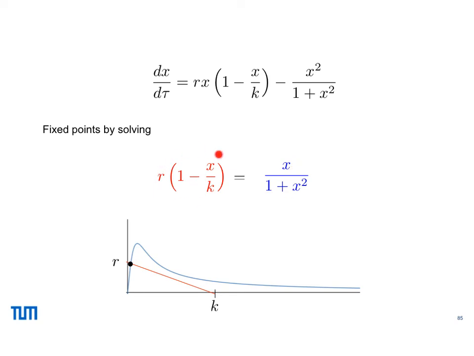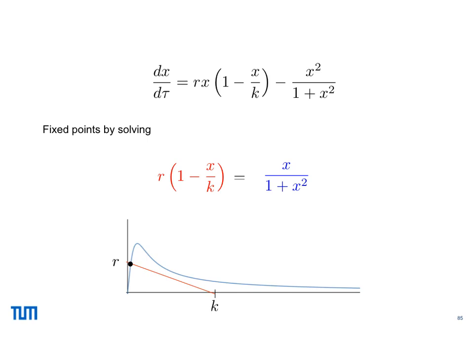Now, this term here has two different parameters that can be controlled, okay? The first one is the carrying capacity, like the dimensionless carrying capacity. So how capable are the fir trees to host these budworms?